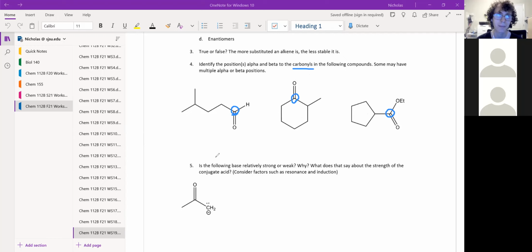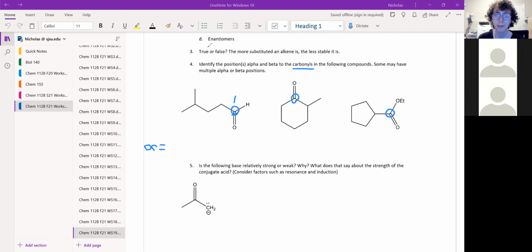And in general, how could you describe an alpha position? If this is carbon 1, the carbonyl carbon, where is alpha relative to that? Alpha is the carbon that's right next to the carbonyl carbon. There's nothing in between, it's the first step.